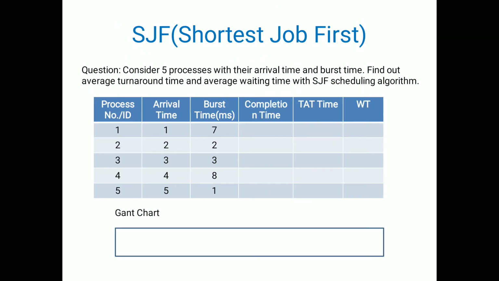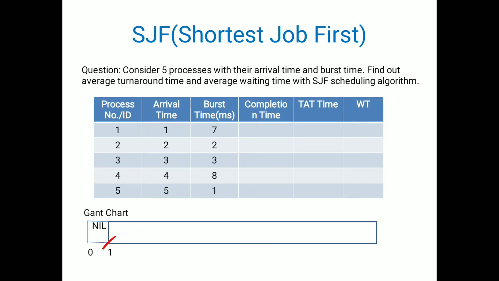So at time 0 we have no process in the ready queue because process P1 arrives at time 1, process P2 arrives at time 2, process P3 arrives at time 3, and so on. At time 1 we have the process P1 in the ready queue and its burst time is 7.